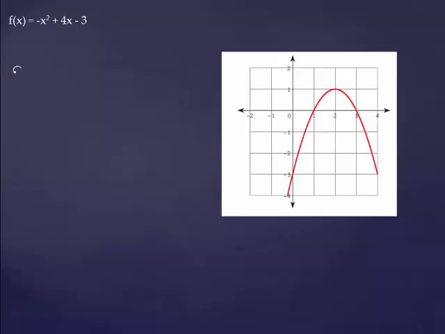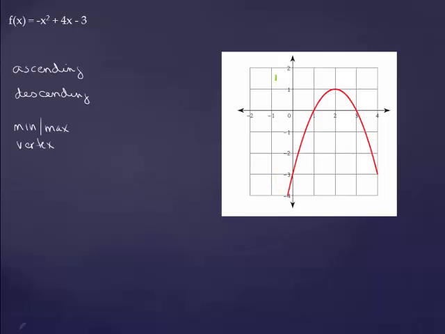Okay, again, we have ascending, descending, our min max, which is our vertex. Okay. In this particular graph, I have a parabola that's down.